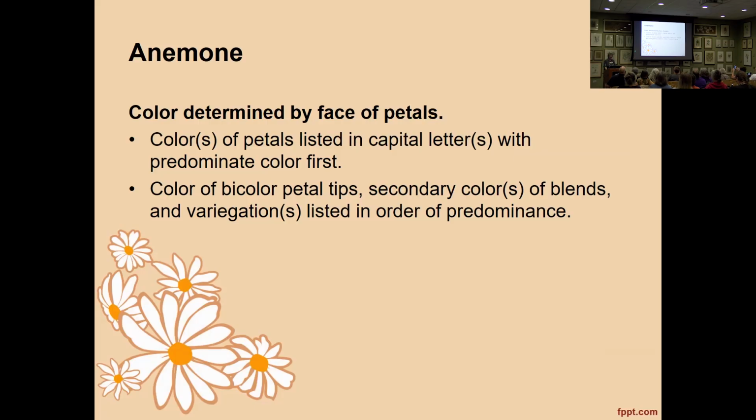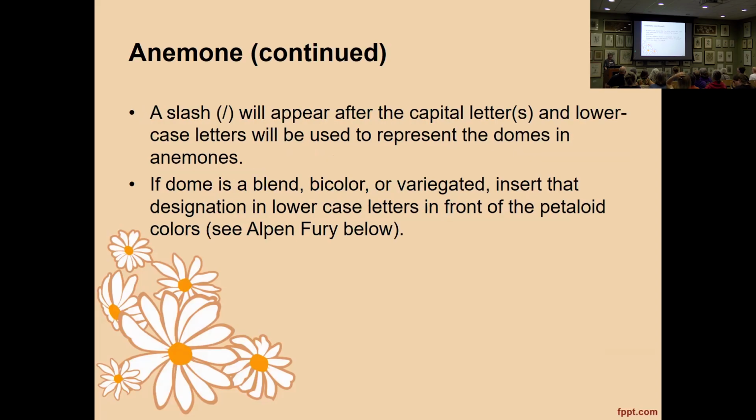Anemone, the color is determined by the face of the petals, and that is listed in capital letters with the predominant color first. The color of bicolor petal tips, secondary colors of blends, and variegations are listed in order of predominance.